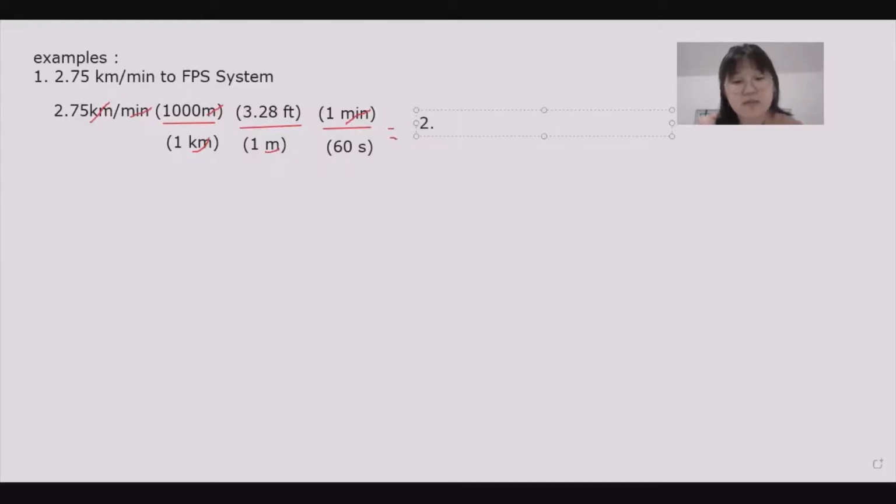So it will be 2.75 times 1000 times 3.28 and divided into 60.